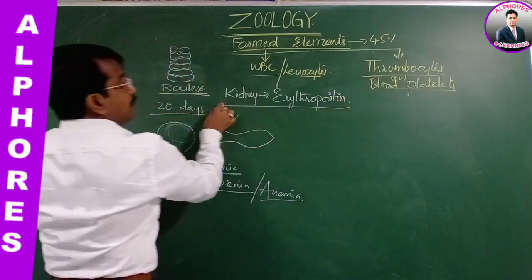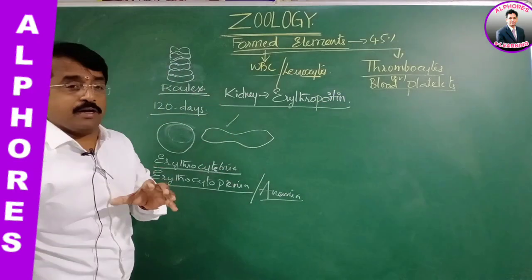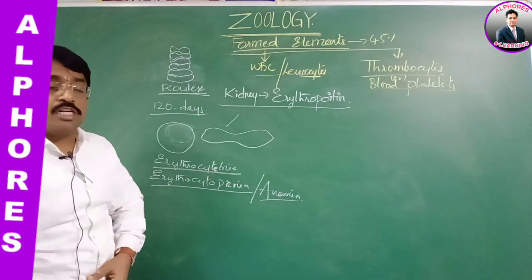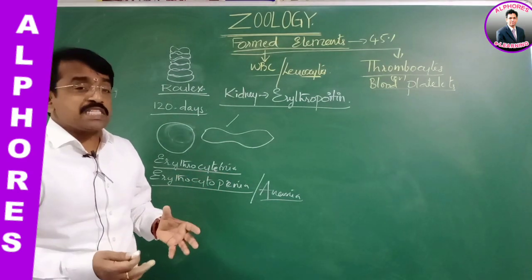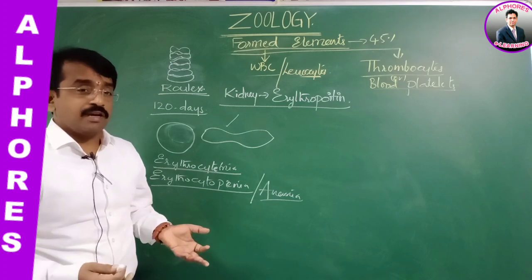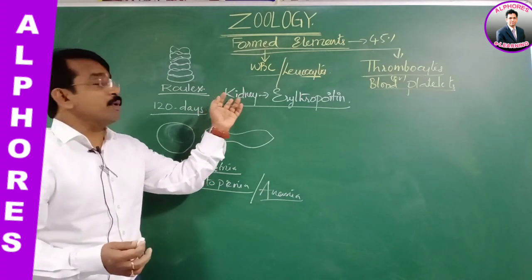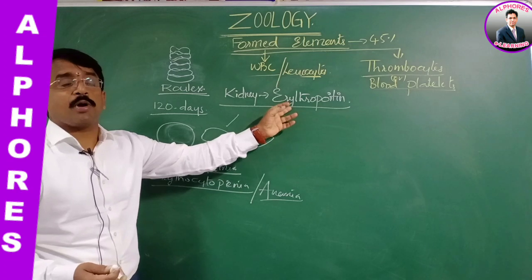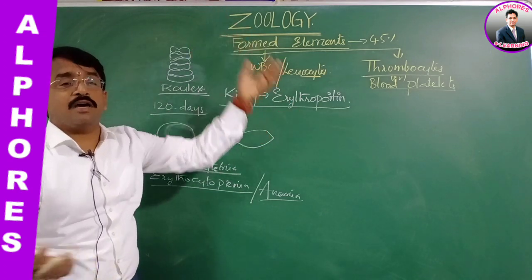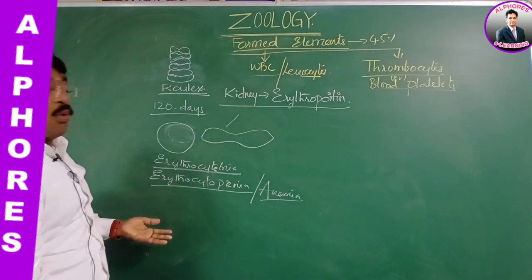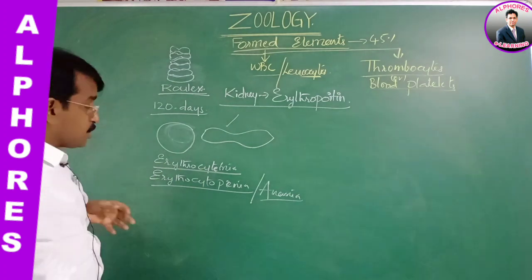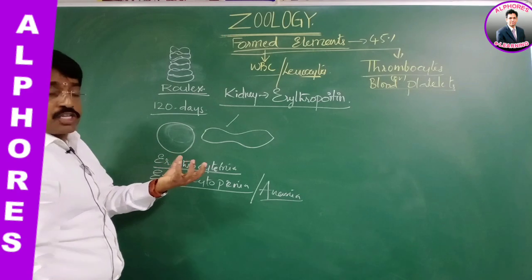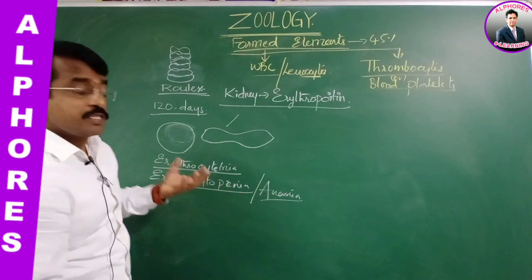hormone. Remember, if an anemic condition takes place, our body itself repairs this. That is, the kidney is stimulated and produces erythropoietin. Erythropoietin stimulates erythropoiesis. This is how our body has its own system. Next, the production of RBCs is erythropoiesis.